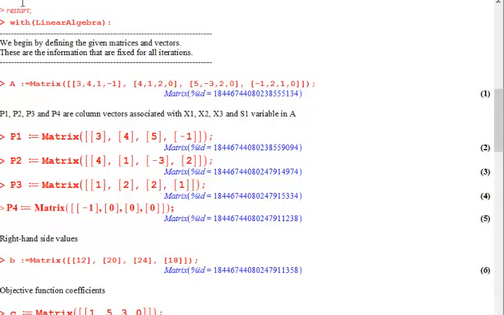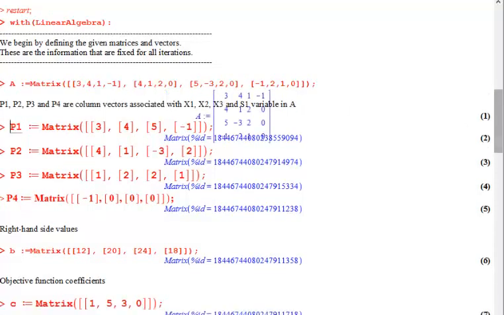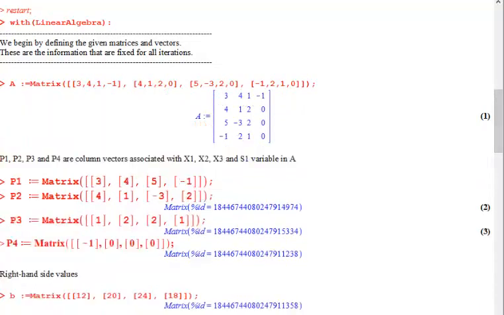The main commands that we used before are these commands. We start with the restart, so we will clear any memory that might be involved, and we will be using the linear algebra library. We are introducing the A matrix.